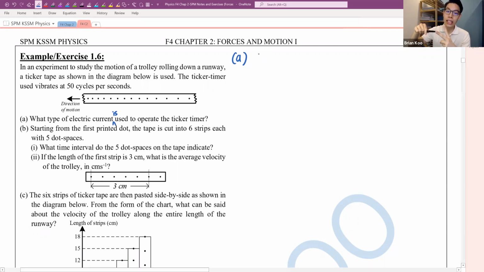Alternating current, think of it as all your normal switches. If you connect direct current to a ticker timer, it will just dot and then it won't come up. It will turn on like that only. Alternating will turn on and off 50 times in 1 second. So the simple answer is alternating current.